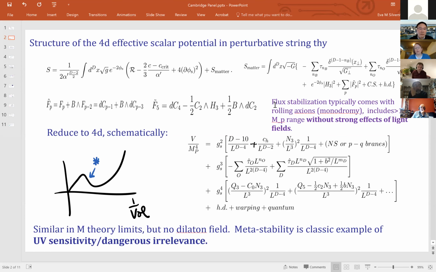And this is why the phenomenon of axion monodromy is quite general in the theory. Anytime you have a flux stabilization mechanism, generically you will have underlying that some rolling axion fields going along with the fluxes. And this package is very rich, but very structured. And so the game is to try and understand where it settles down between those two extremes.